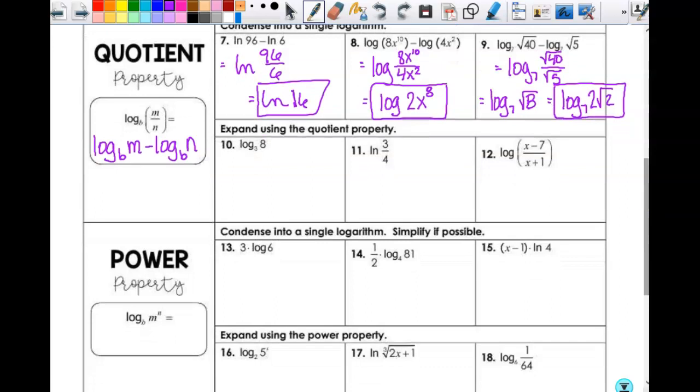All right. Then I'm going to expand using the quotient property. So here I need two numbers that are going to divide to give me 8. 64 and 8. Okay, we'll do 64 and 8. This is equal to the log base 3 of 64 over 8. So that gives me log base 3 of 64 minus log base 3 of 8.